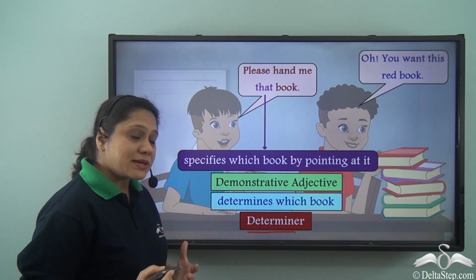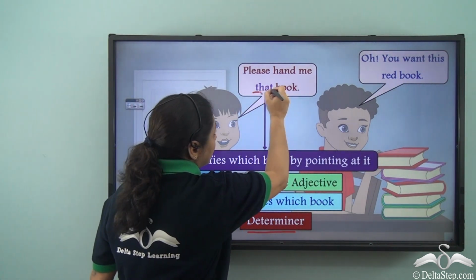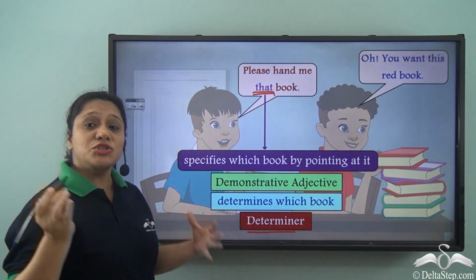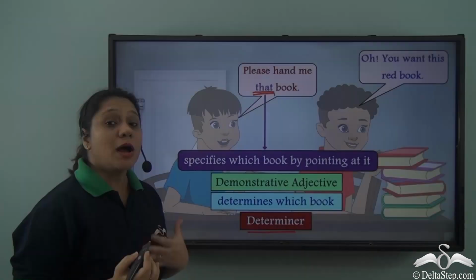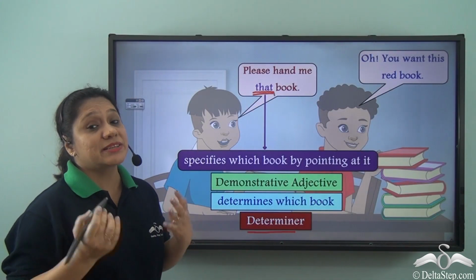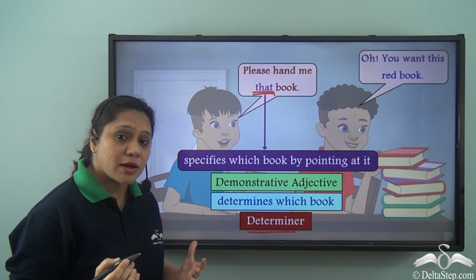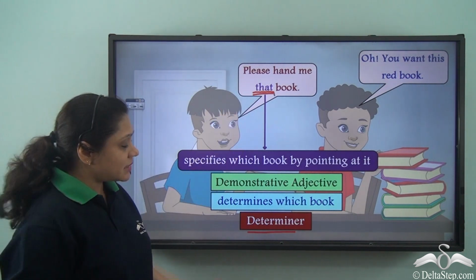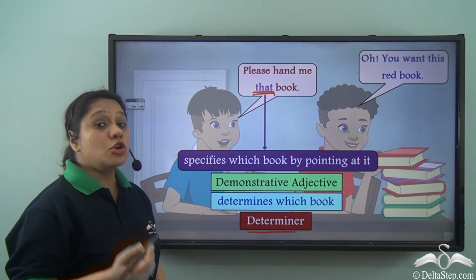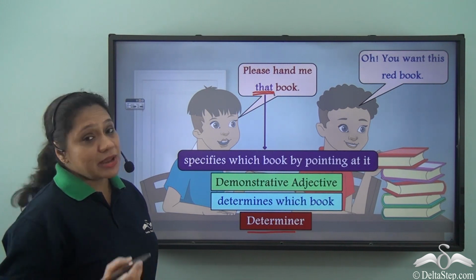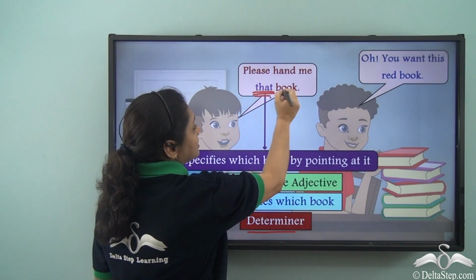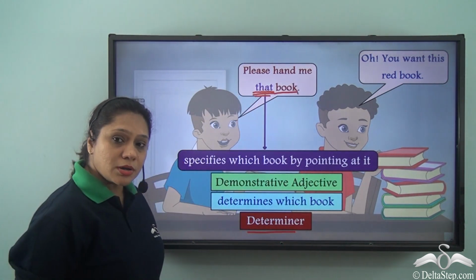So you will notice that the determiner that restricts the noun among all the books, it is restricting which book he is talking about. So that is a determiner. You will also notice that we have used the determiner that before the noun book.